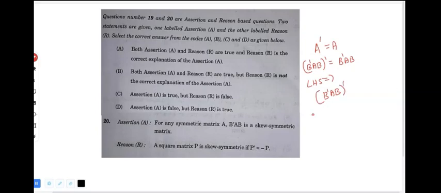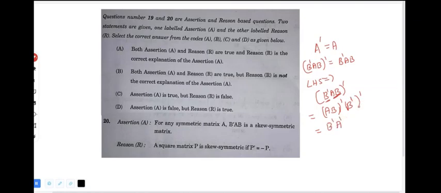whole dash will be equal to AB whole dash. AB, we can take this as one element and this is another element. So it will be AB whole dash into B dash of dash. That will be AB whole dash is again B dash of A dash.